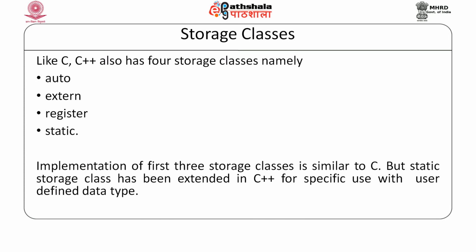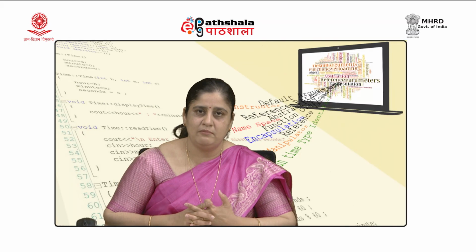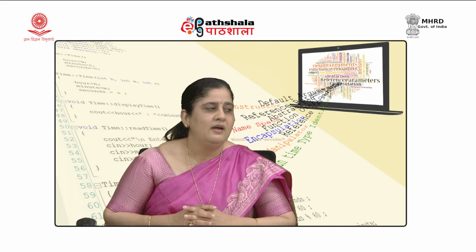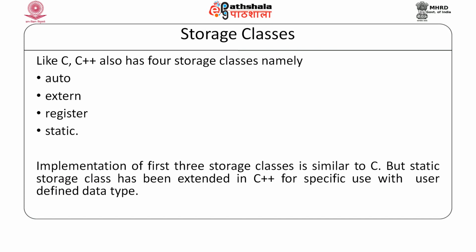The first 3 storage classes are the same as that in C. Auto are the variables which are local to any block, extern are the variables which are globally defined, and register are the variables which we declare as register to convey a request to the compiler that we would want this value to be stored in the register.